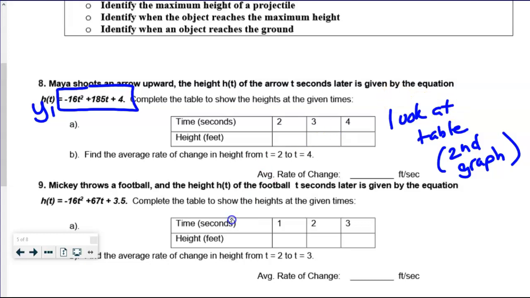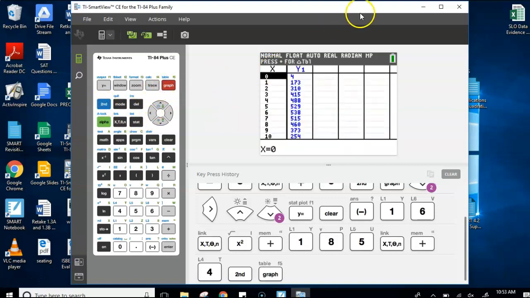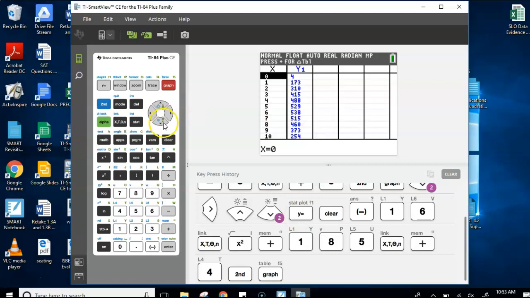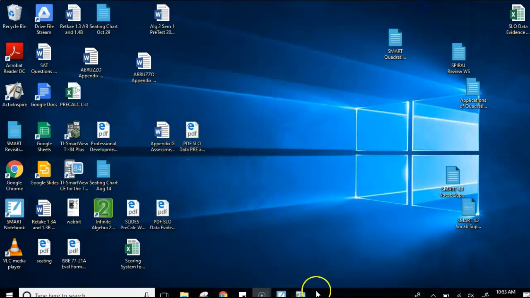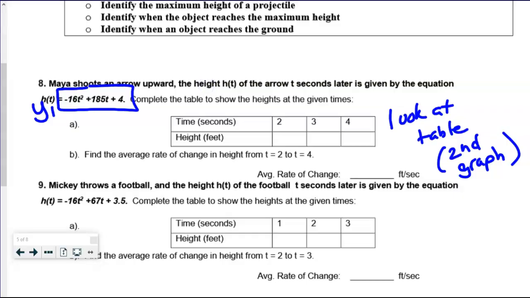Alright, so we have it typed in, and then we go to second graph. I'm looking for 2 seconds, 3 seconds, and 4 seconds. So there's 2 seconds. So 310, 415, 488.